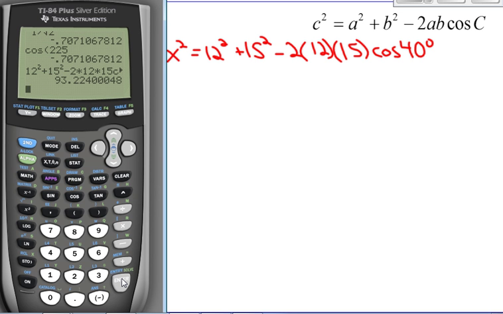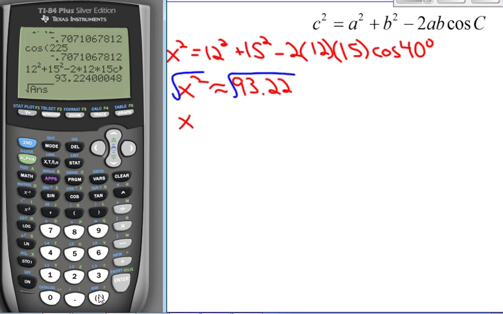Boom. That gives us x squared is 93.2 roughly. And finally, we're going to need to square root both sides. So I'll take the square root of the answer, and it gives us 9.66 to 3 sig figs.